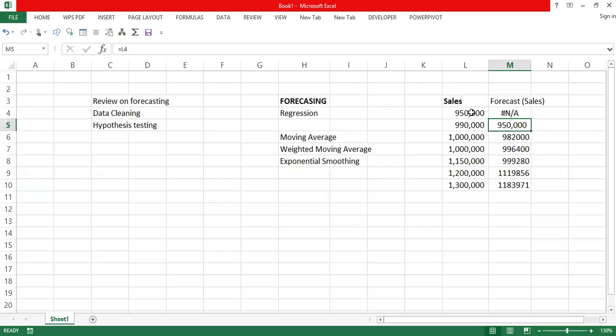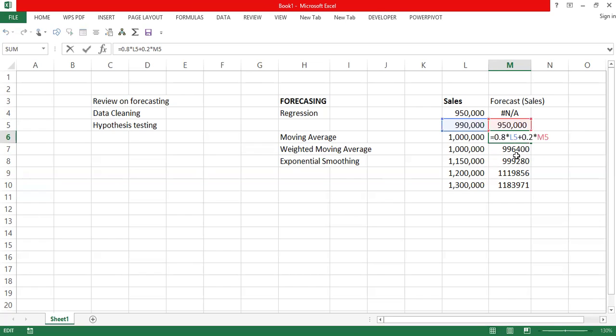So it only picks the actual that's available here as the forecast. The real forecast calculation starts from this line, because forecast is always based on data that already exists.